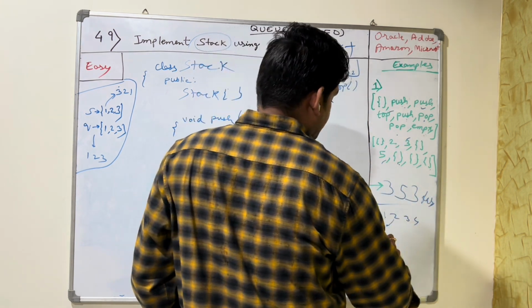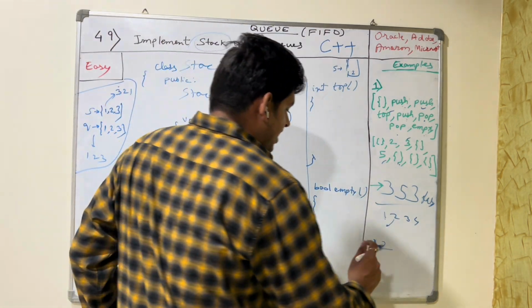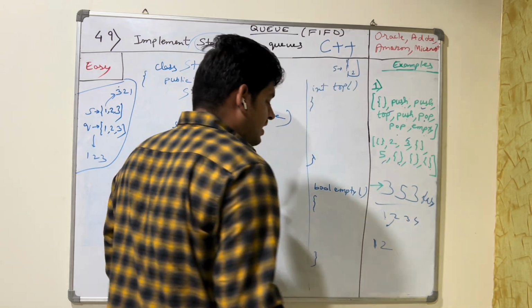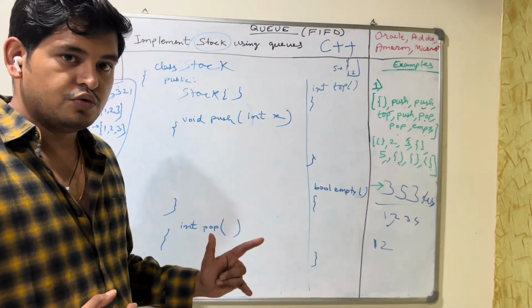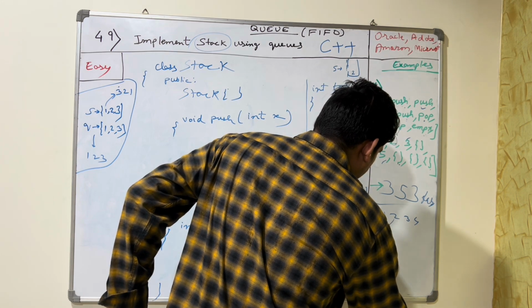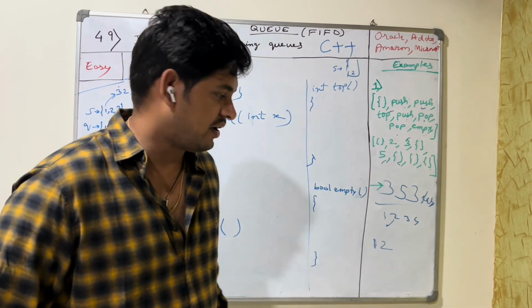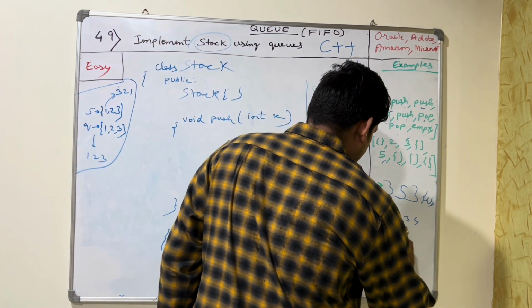That is our goal, that if we pop out, then the 2 should come at the beginning. So when I have pushed 1 and then I push 2, I will push the top element to the queue again. What is the top element? 1 is the top element, right? So I'll push this 1 again to the queue.